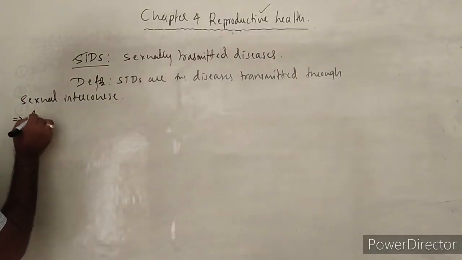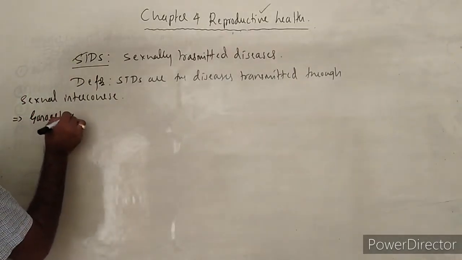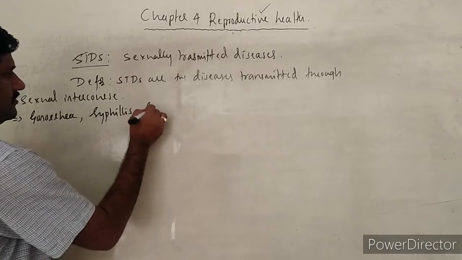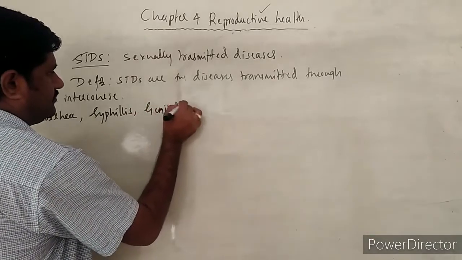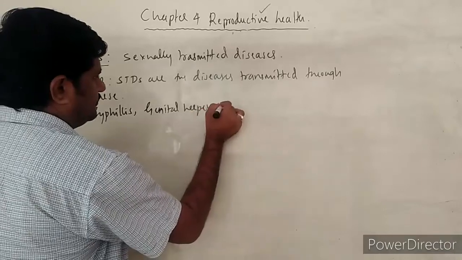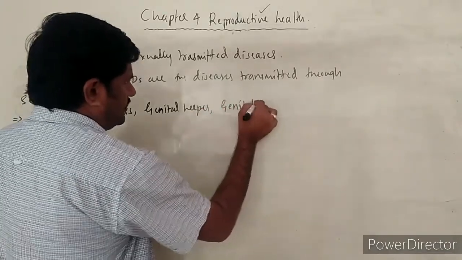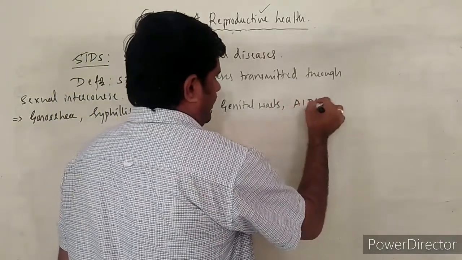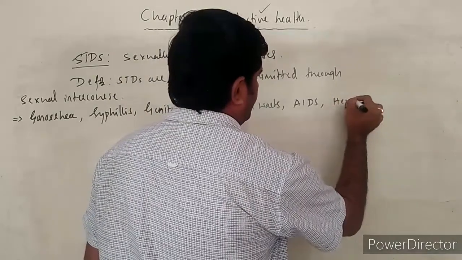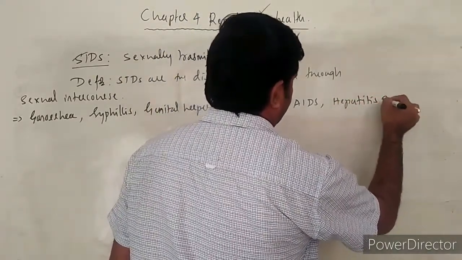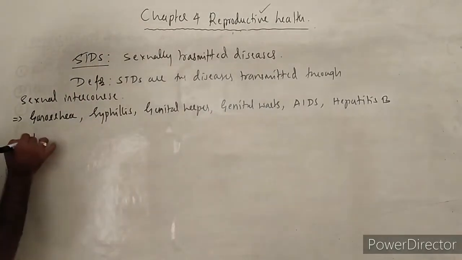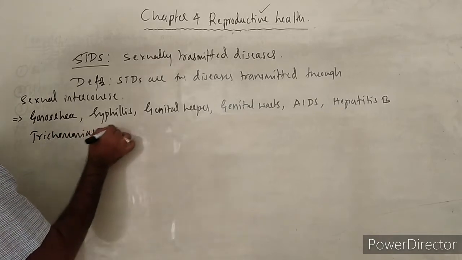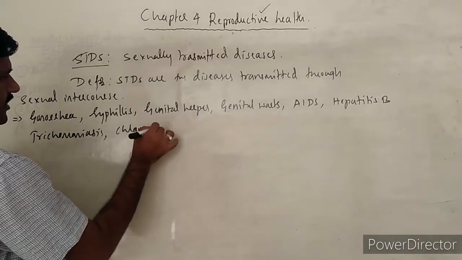So the first one is gonorrhea, syphilis, genital herpes, genital warts, AIDS, hepatitis B, trichomoniasis, chlamydiasis.